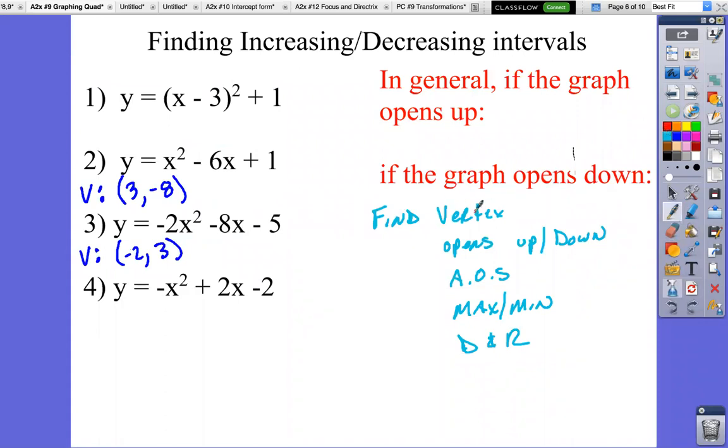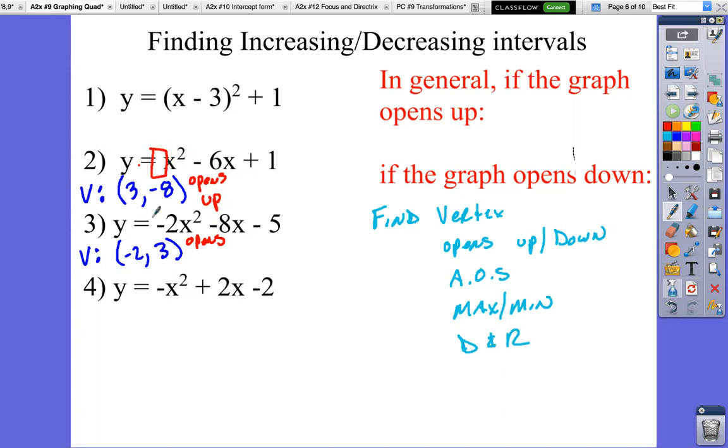So number 1, we found the vertex. There's number 2, how does it open? Opens how? Up. How do you know it opens up? Because the A is positive.